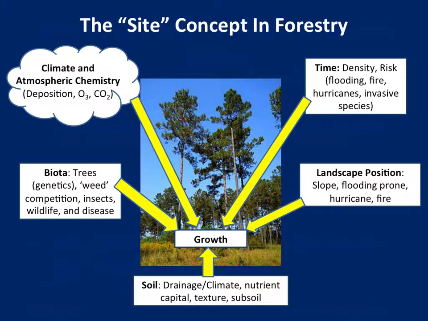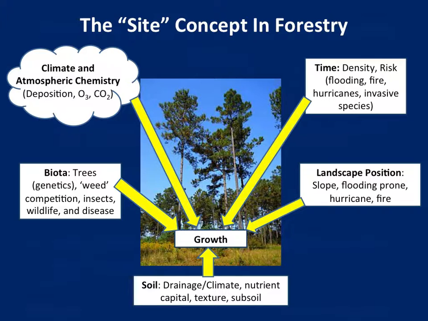Now we can manipulate the genetic material going on the landscape. We can also make decisions on whether or not we want to have one species or another. I'm going to be focusing on loblolly pine, but we just heard a great talk about making decisions in reference to hardwood species. And then, of course, our weedy competition, insects, wildlife, they're always giving us some problems, and disease.